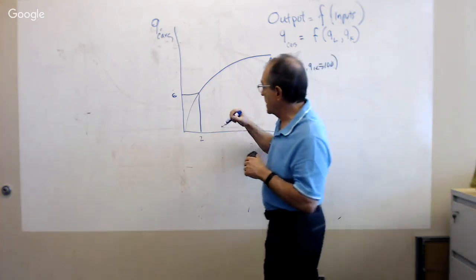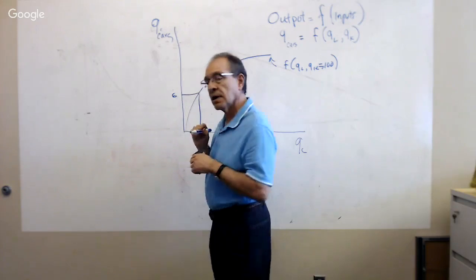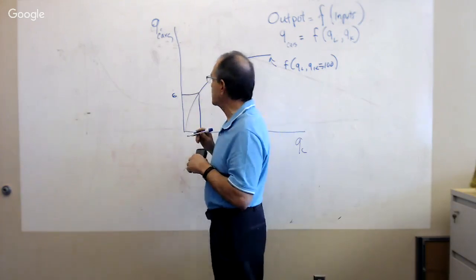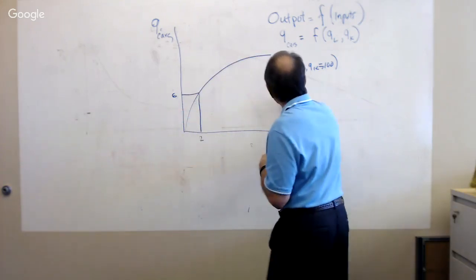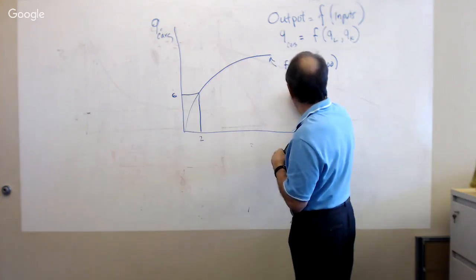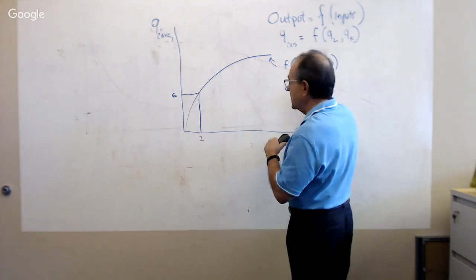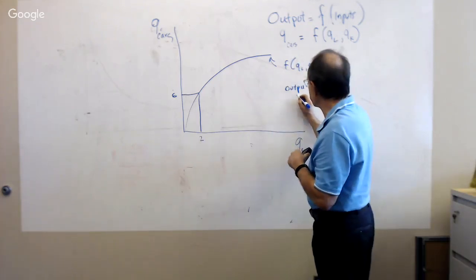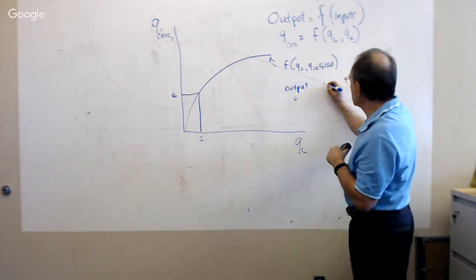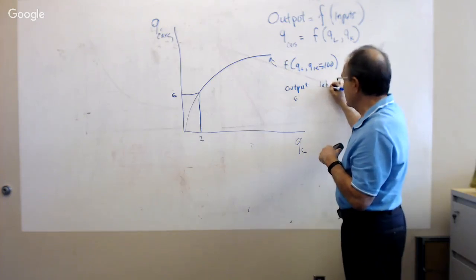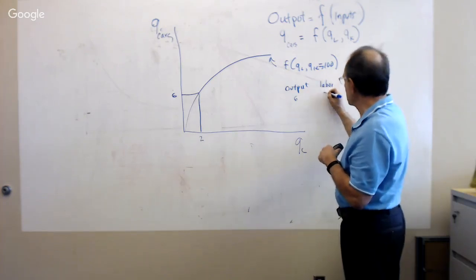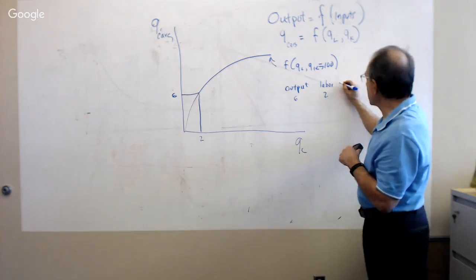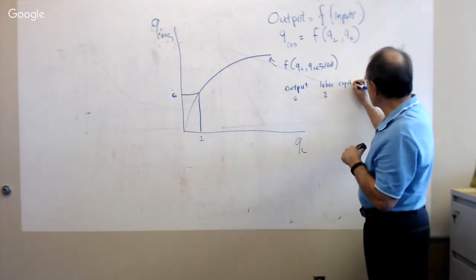Here's the question. Here is the output of cars, and I'm starting out with 6. The input of labor is 2, and the input of capital is 100.